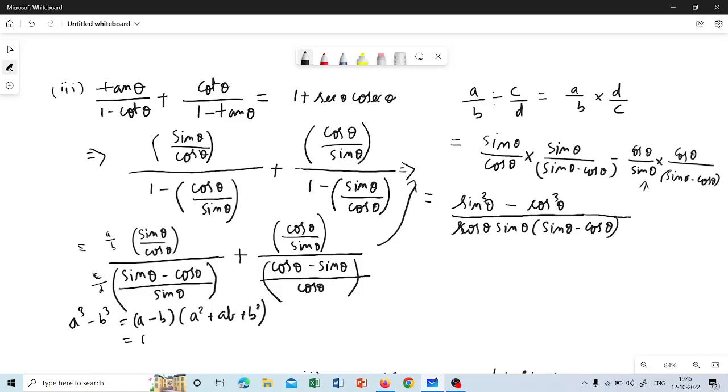So a into a square is a cube, and then a square b plus ab square. Similarly minus b into a square minus ab square, it should be minus a square b.